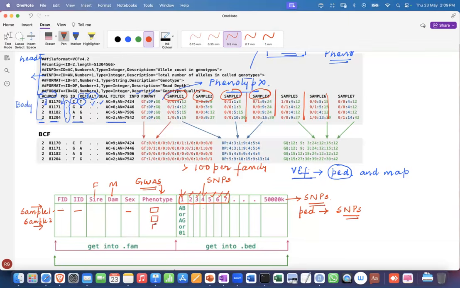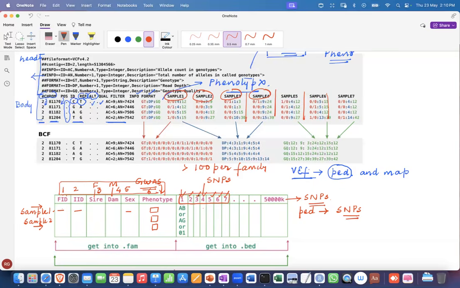You understand? Right? And this information in the PED file, the 6 columns, 1, 2, 3, 4, 5, and 6, will not be there in the VCF file. See, the first difference is what? A VCF file will have samples as columns, whereas a PED file will have samples as rows.